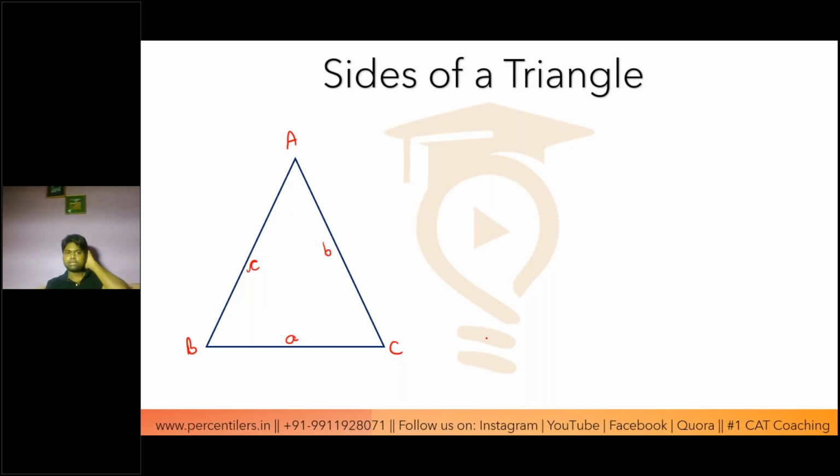Okay, and an age-old theory is sum of any two sides is greater than the third side, and it is applicable to any two sides. B plus C would be greater than A, and A plus C would be greater than B. Okay, this we all know.